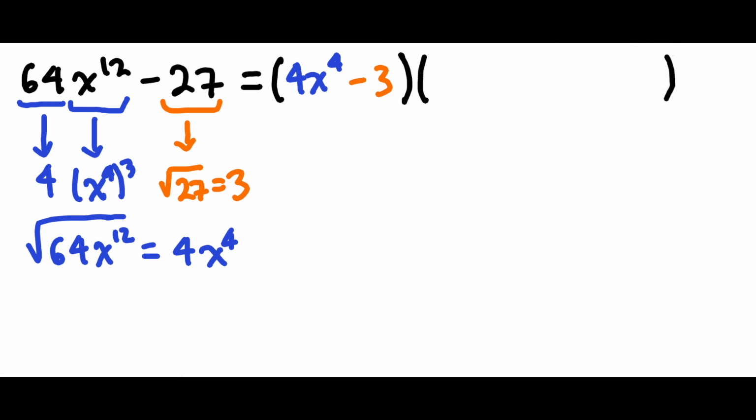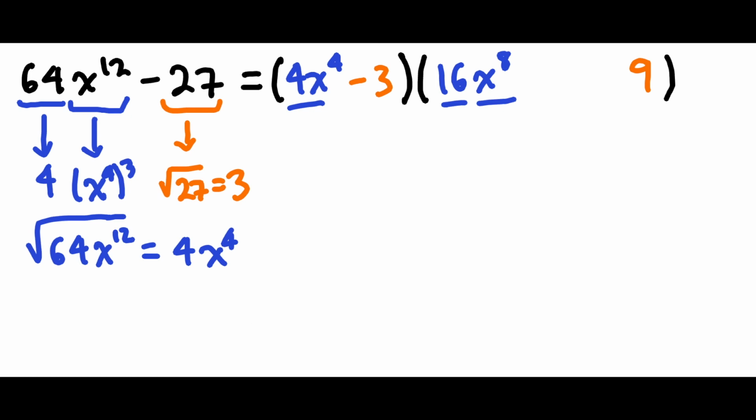So for the first cube root here, I am going to square it, and this ends up giving me 16x to the power of 8. And don't forget, I didn't show all the work here, but we got 16 by squaring the 4, and then we got x to the power of 8 by squaring x to the power of 4. And then we square the 3, and this one is a lot easier. If we square the 3, we end up getting 9.